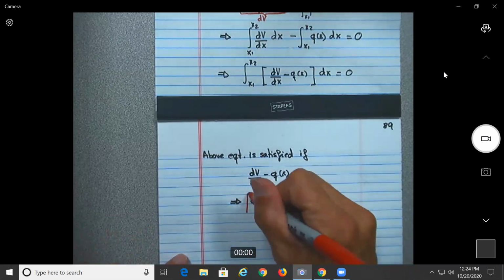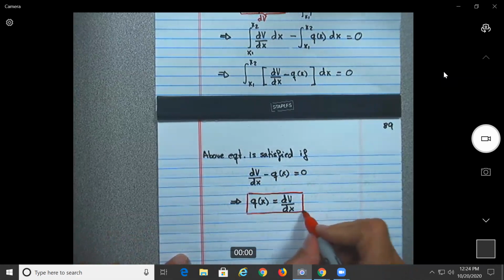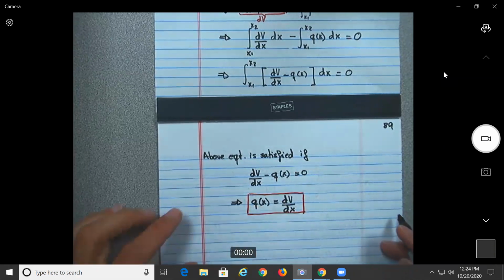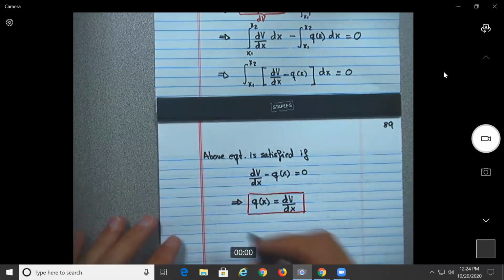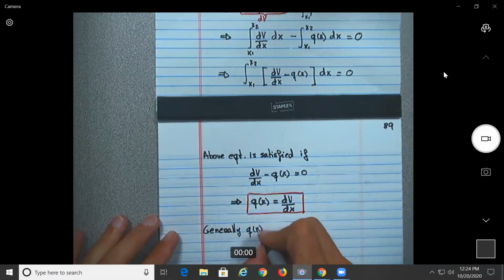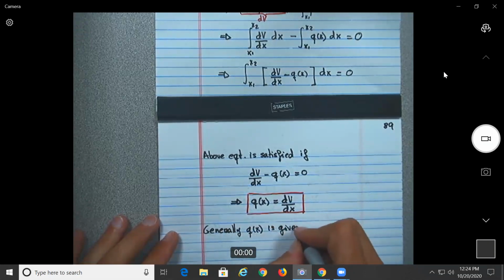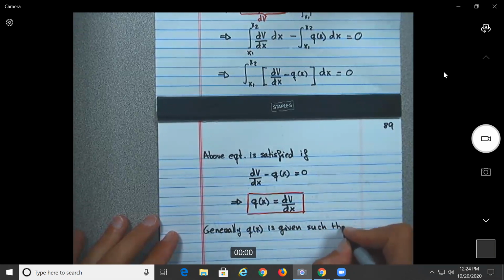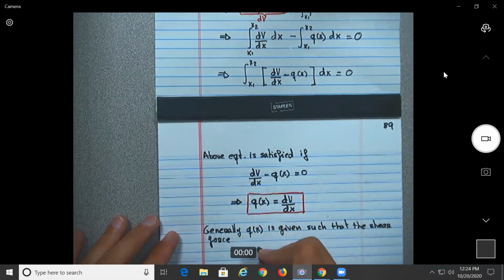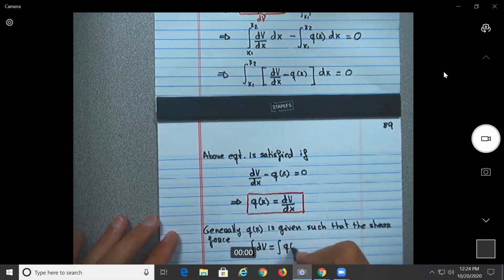So how do you find the shear? You need to integrate this. So the shear would be the integral of qx dx, no? Yeah, for the shear. So generally qx is given, such that for the shear force we have dV equal to qx dx, no?